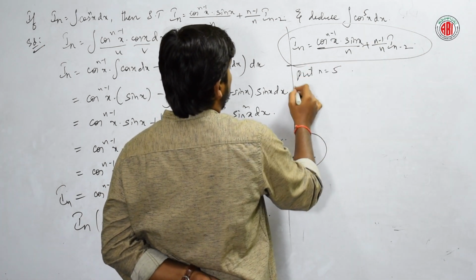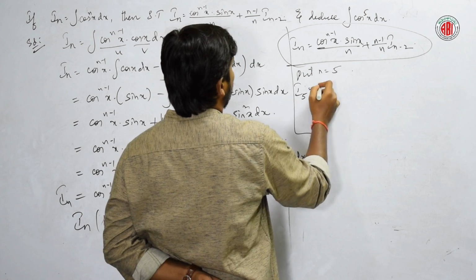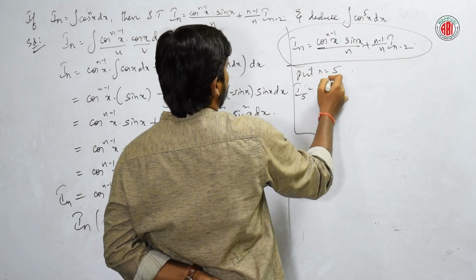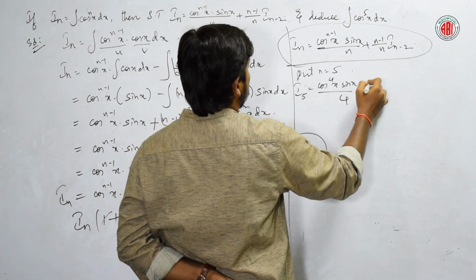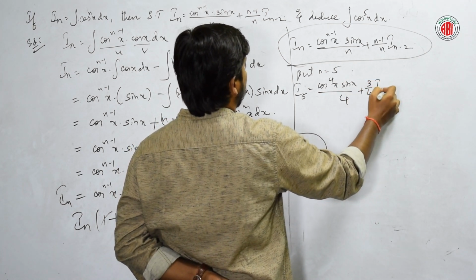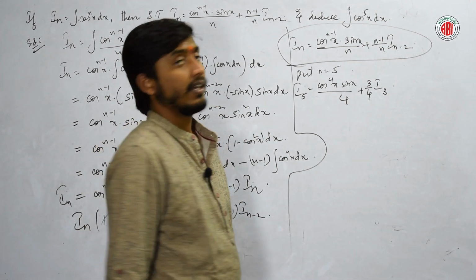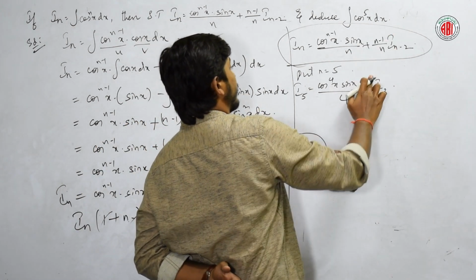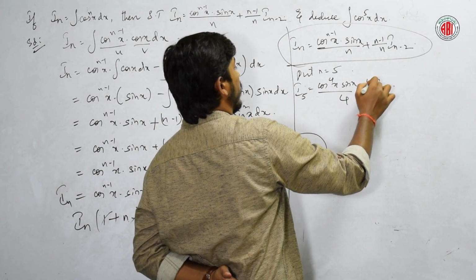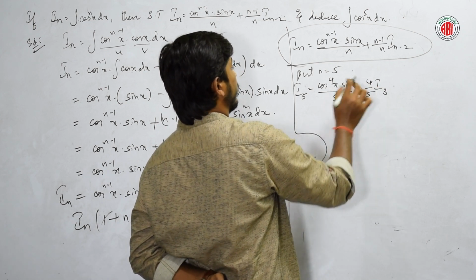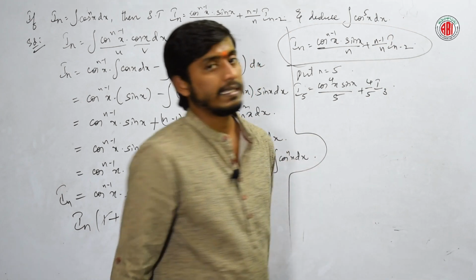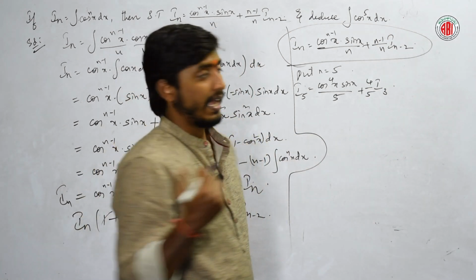Fine. So, let us deduce this value, that is we have to put n is equal to 5. So, I(5) is equal to, let me write directly, cos^4x sin x by 5 plus 4 by 5 I(3). Since it is 5, 5 minus 1 is 4, and 5 minus 2 is 3. Now, we have to find the value of I(3).